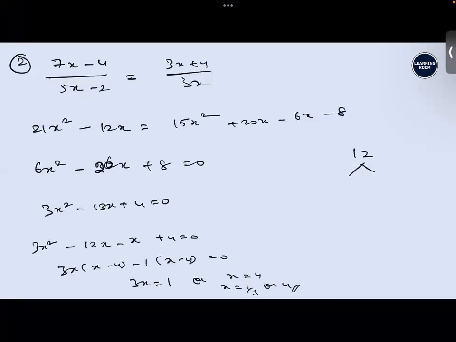So option C is right. So shall we do the third one? How many of you couldn't solve this?